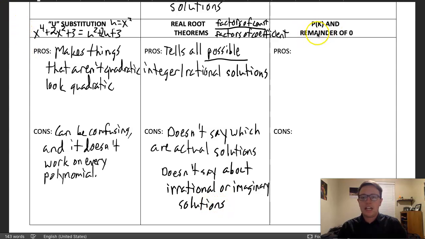Next we have p of k and remainder of 0. This is the one where we said that if we sub a value in and it equals 0, then it's a factor. The good part about this is it tells us which of our possible solutions are solutions.